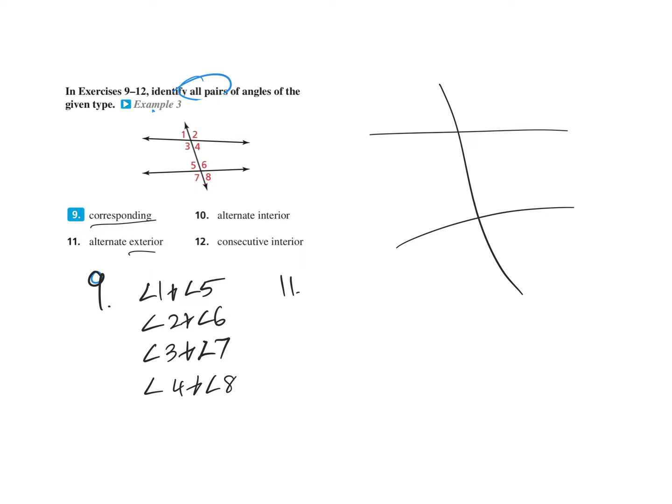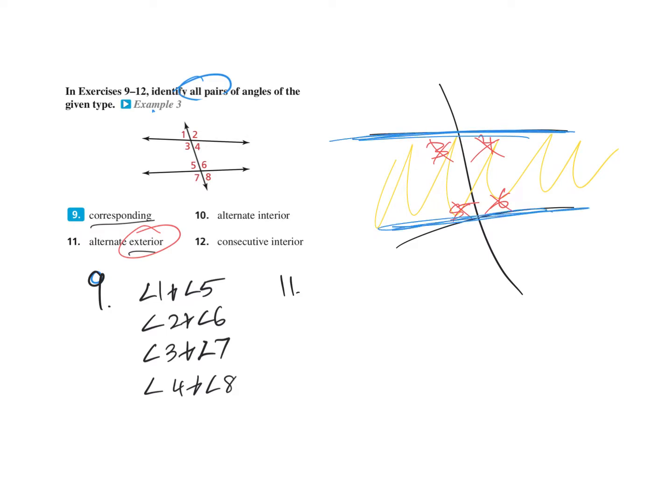So let me say this is the inside. So we don't want 3 and 4 and 5 and 6. We don't want those because they're on the inside. We only want exterior angles. So they have to be on the outside of these 2 lines here. So this is exterior and this is exterior.